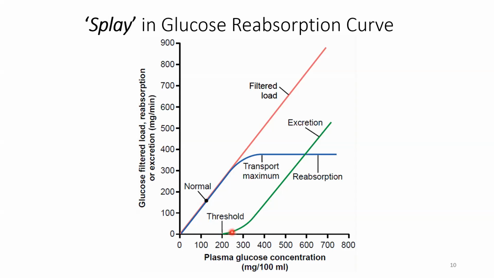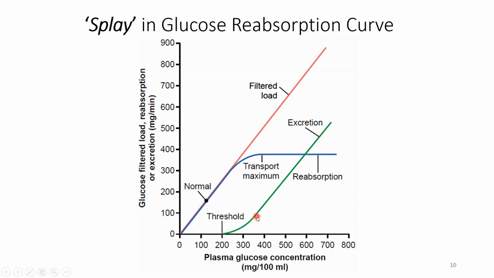As the tubular load increases more and more beyond this value, more nephrons are overwhelmed, and they start giving out their glucose in the urine. You'll have this gradually increasing, almost a mirror of this splay, in the excretory curve.